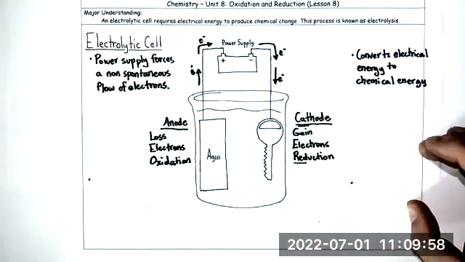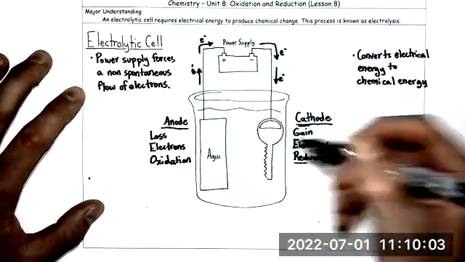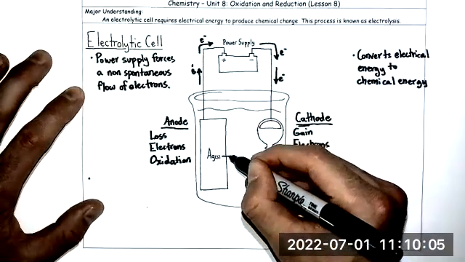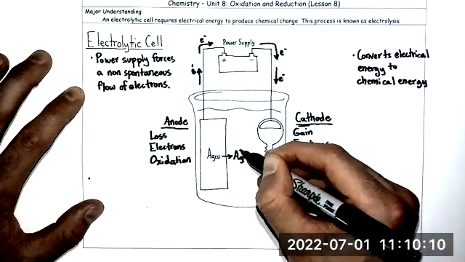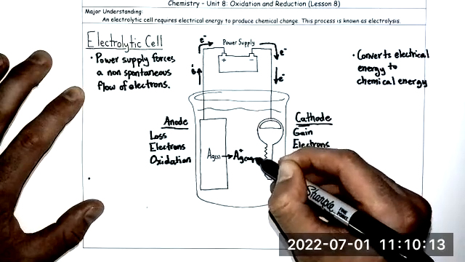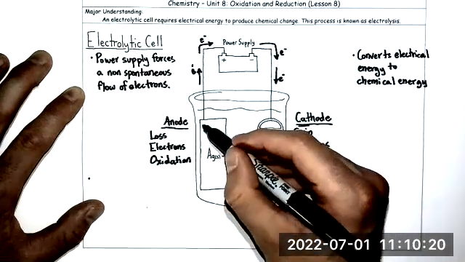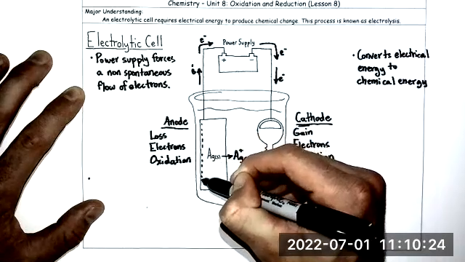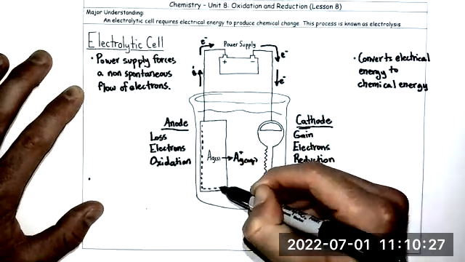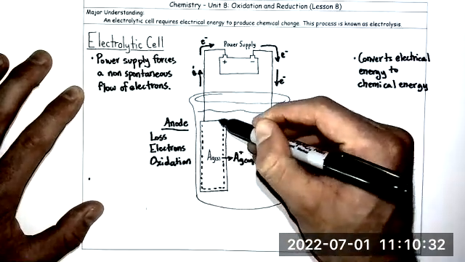Okay, and so on this side, since our solid silver is losing electrons, it's going to form Ag plus ions that are aqueous in solution. Okay, and so this is actually going to cause the silver to dissolve, making the actual size of our electrode here smaller. Our anode smaller.